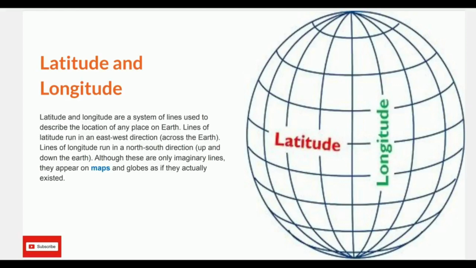Lines of latitude run in an east-west direction across the Earth, or we can say horizontally, while lines of longitude run in a north-south direction up and down, so vertically. Although these are only imaginary lines, they appear on maps and globes as if they actually existed. We cannot actually go outside and see a line of latitude or longitude, can we? No. However, on maps they are shown because they are used as reference points to the location of different areas, countries, regions, anything that you need to reference.